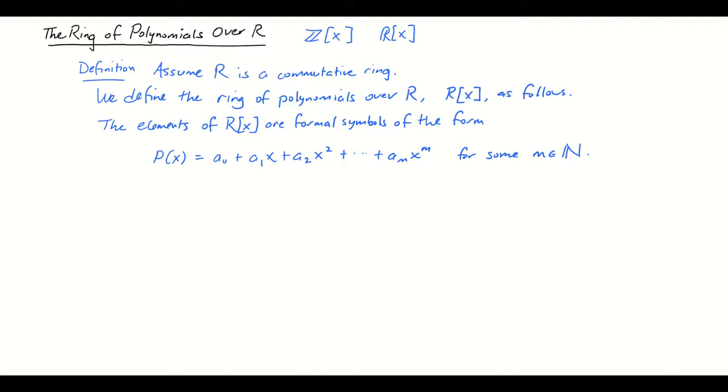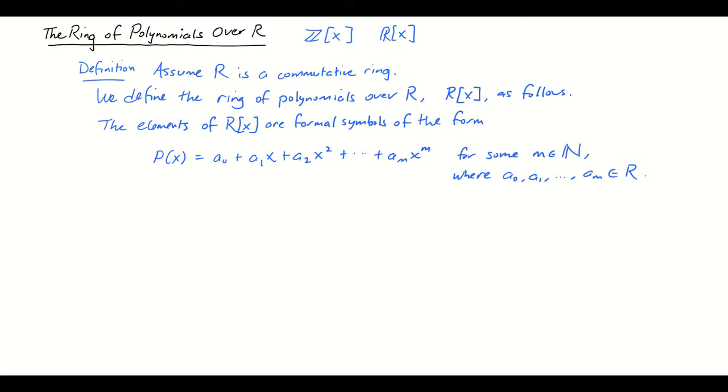P(x) is going to be a formal symbol of the form a0 plus a1x plus a2x squared, and so on up to am x to the m for some natural number m, where, and this is the fun part, because when we talked about polynomials over the integers, those coefficients had to be integers, and when we talked about R[x] over the reals, those coefficients had to be reals. So this time, the coefficients a0, a1, a2 up through am are all going to be elements of our ring R.